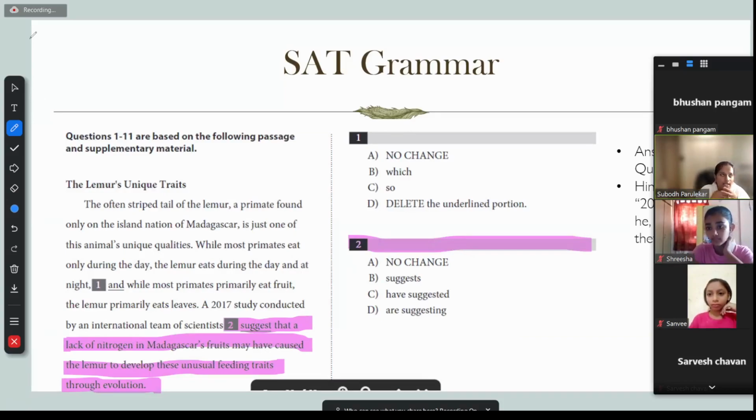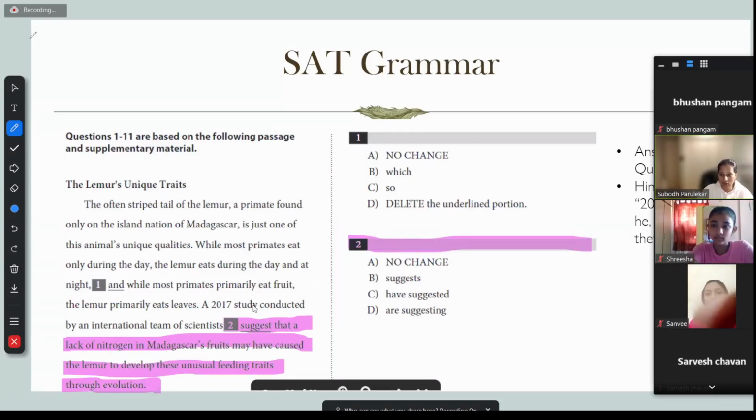So let's say "they have suggested." Saying "they have suggested" would be grammatically correct, but saying "it have suggested" is wrong.